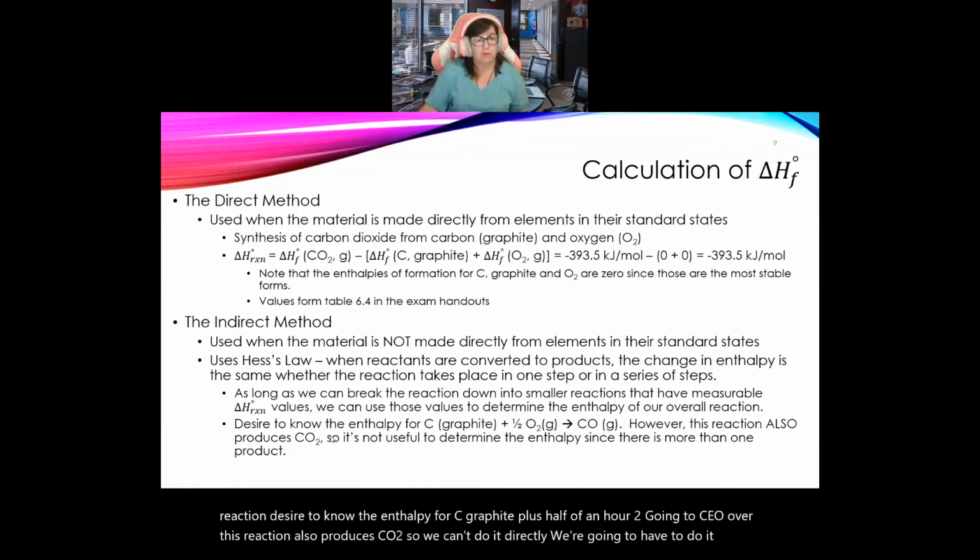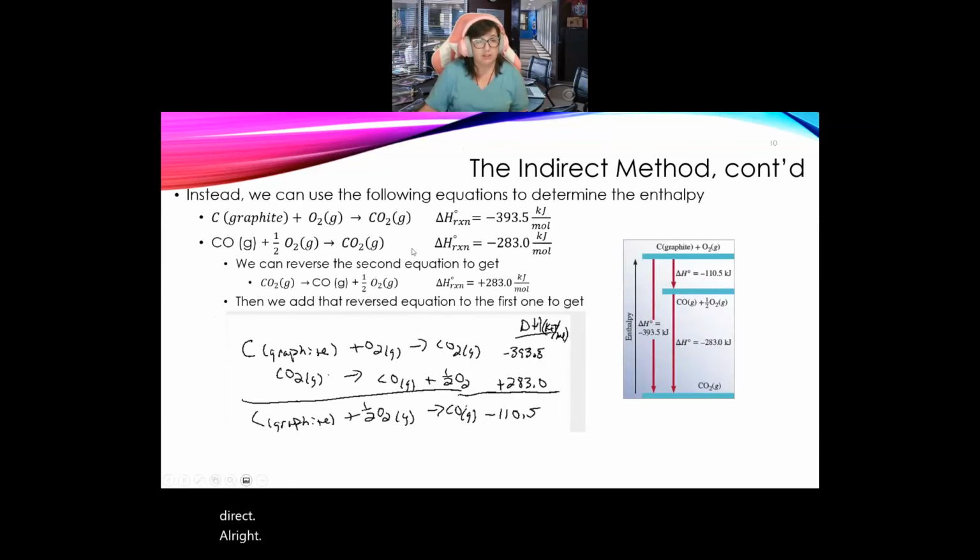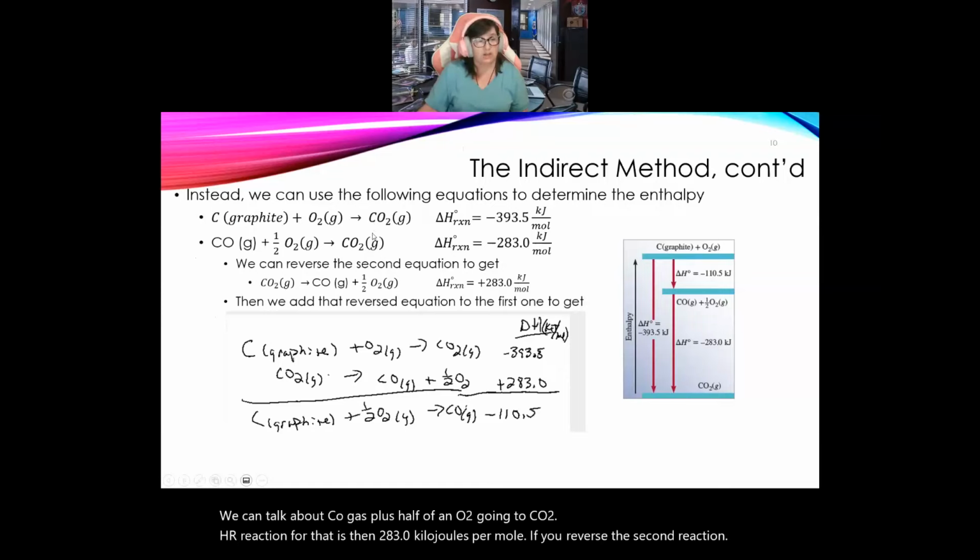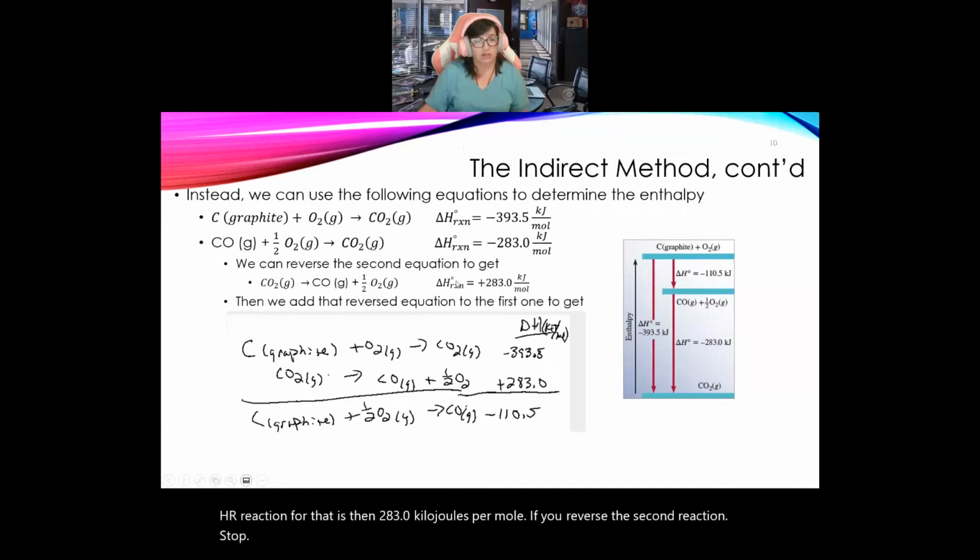We can do that by using the following equations to determine the enthalpy. C graphite plus O2 goes to CO2. We just talked about that formation. We can also consider CO gas plus half of an O2 going to CO2, and the delta H naught reaction for that is negative 283.0 kilojoules per mole. If you reverse the second reaction so that you have CO2 on the reactant side, you get CO2 going to CO plus half of an O2, and that delta H naught reaction equals plus 283 kilojoules per mole.